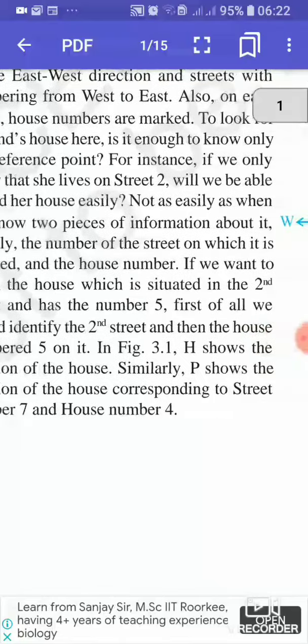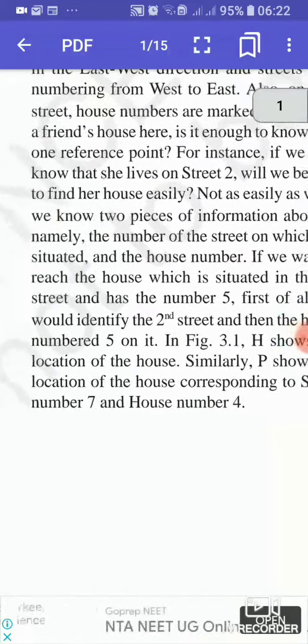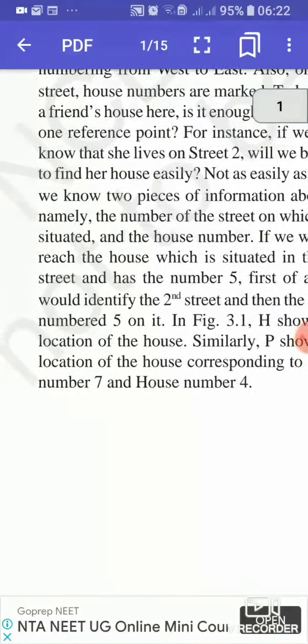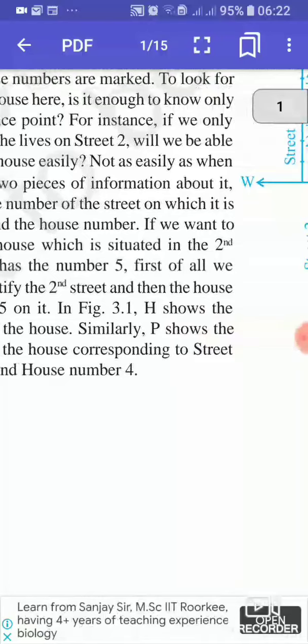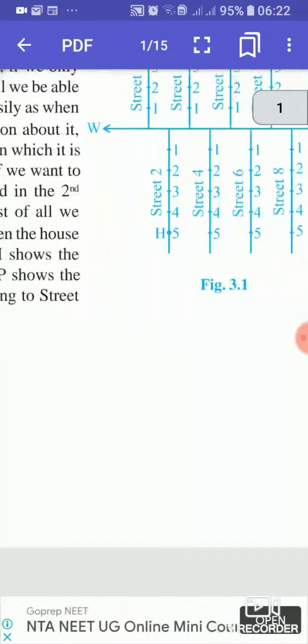Then house number 5, H shows the location of the house. Similarly, P shows the location of the house corresponding to street number 7 and house number 4.